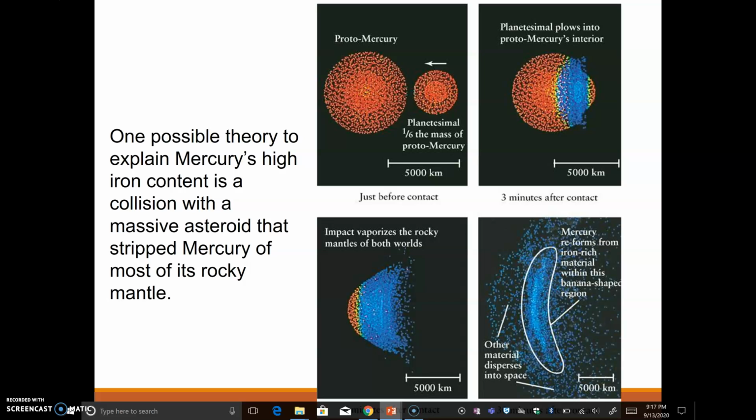One of the possible theories of why our iron content is so high on Mercury is that a collision with an asteroid stripped Mercury of that rocky mantle, which is why it's so thin here if you look in comparison to these planetesimals. So we have a really small area here compared to the core to its mantle.